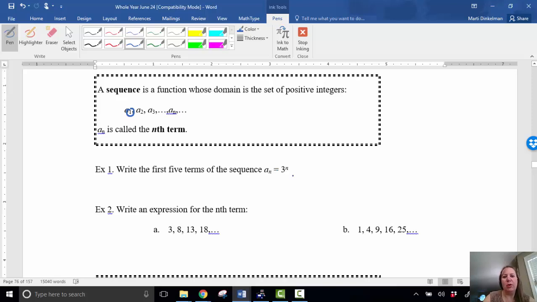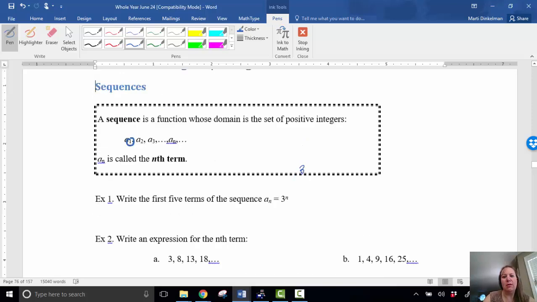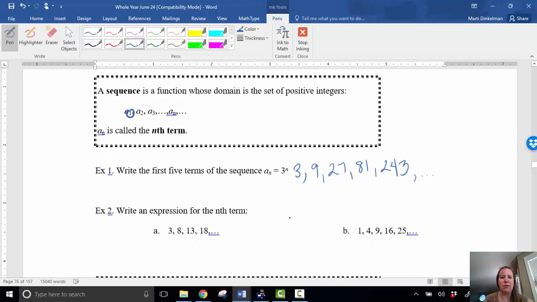So for this one, we're going to get 3 to the 1, 3 to the 2, 3 to the 3, 3 to the 4, 3 to the 5. Okay, so that's a sequence right there. And we probably should put a comma, dot, dot, dot, because we're writing the first 5 terms, but this sequence could potentially go on forever.